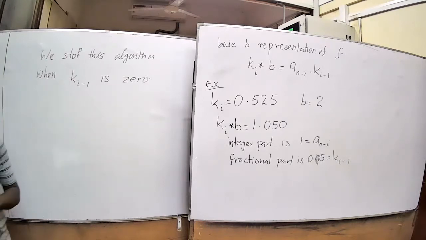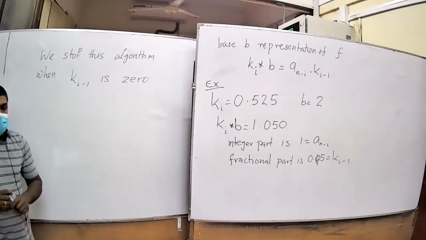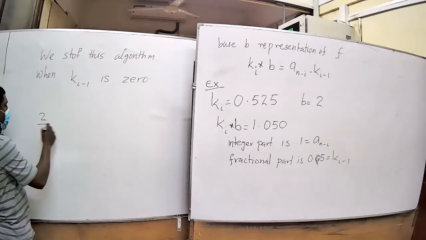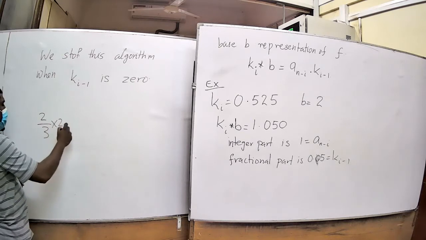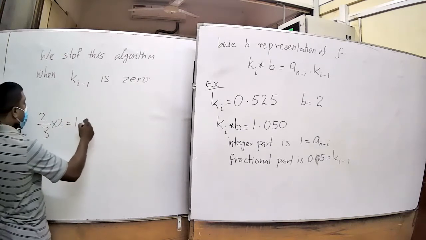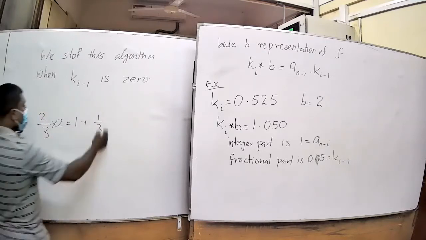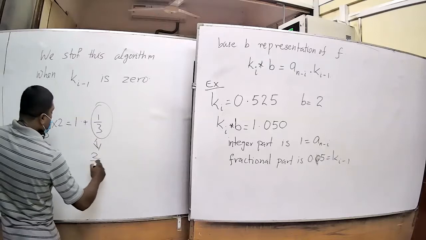But there are some fractions where you will never get 0. Say for example 2 upon 3. If you look at the fraction 2 upon 3, you multiply this by 2, you get 1 and 1 upon 3. This fractional part, you multiply by 2, you get 2 upon 3 again.